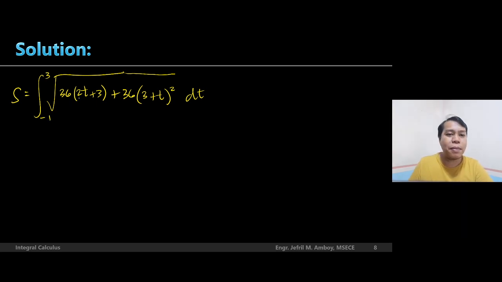Kung ikaw ay nagre-review para sa boards, tapos na yan. Madali na yan. I-input mo na lang siya sa calcu. So, solve natin. The integral of the square root of 36 times (2t plus 3) plus 36 times the quantity (3 plus t) squared, from -1 to 3.